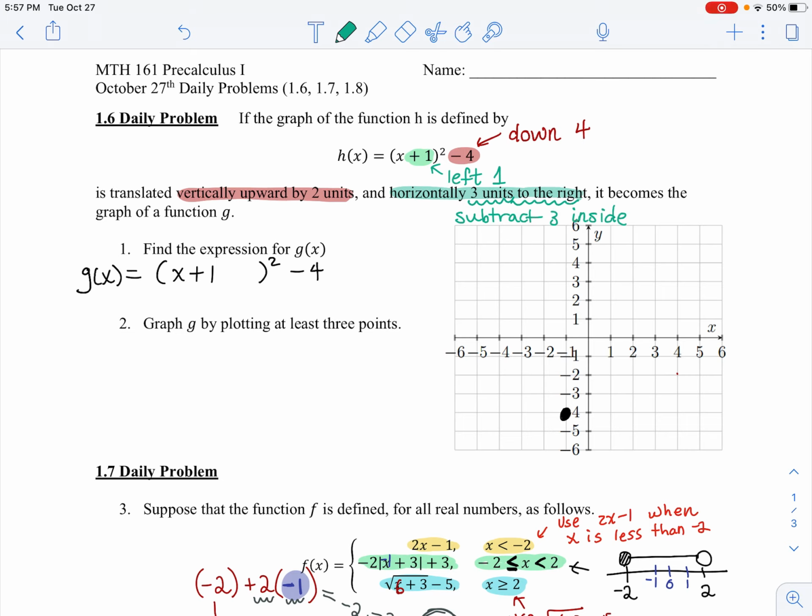And do you know what I mean by inside? Inside of this parenthesis that's getting squared. So subtract 3 inside. And then next, vertically upward by 2 units. Add 2 outside.